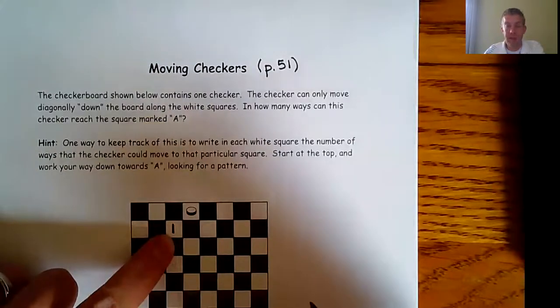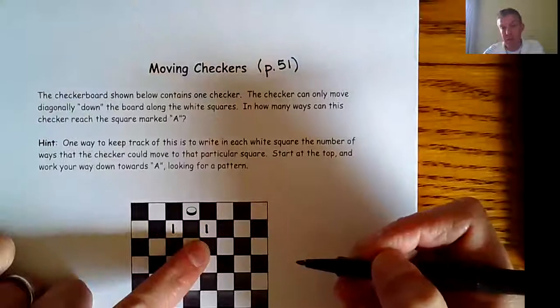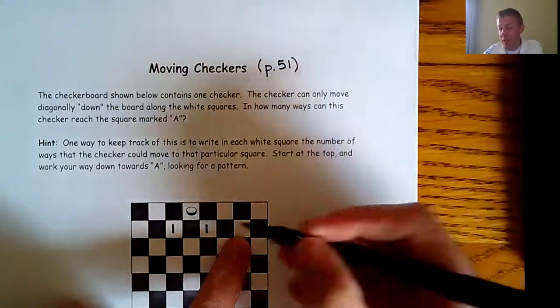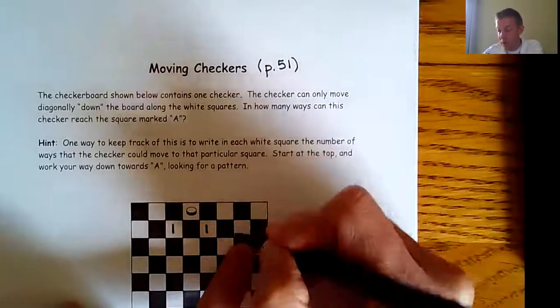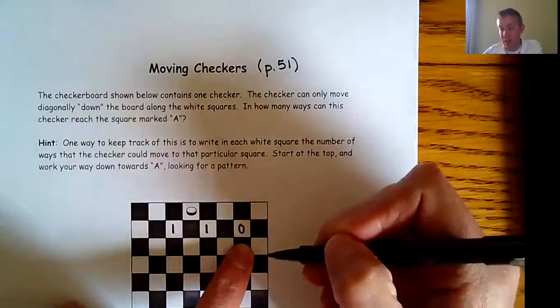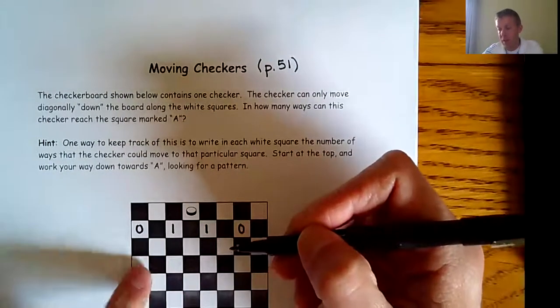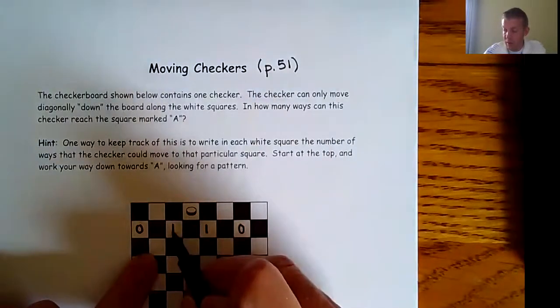Just like that. Similarly, there's only one way to get to this spot. Technically, how many ways are there to get to this spot? Well, if I can only move diagonally down the board, there's no way I can ever get over there. So there's 0 ways to get here. There's 0 ways to get here. How many ways could I get here? 1.